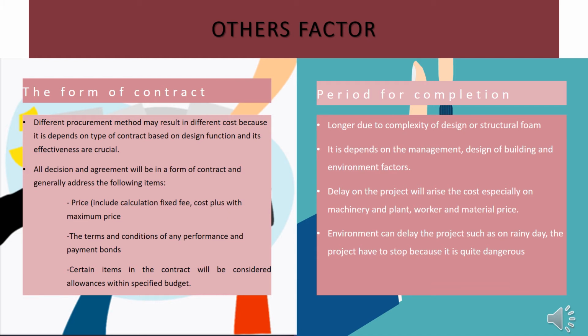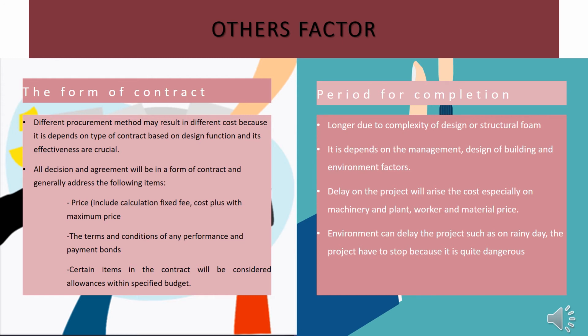All decisions and agreements will be formed in the contract and generally have the following items, such as price, which includes the calculation of fixed fee, cost plus with maximum price, and the terms and conditions of any performance and payment bonds, if any, and certain items in the contract which can be considered allowance within the specified budget given. And the next is period of completion.